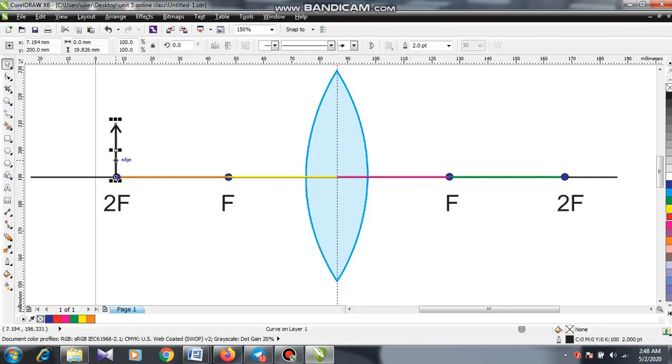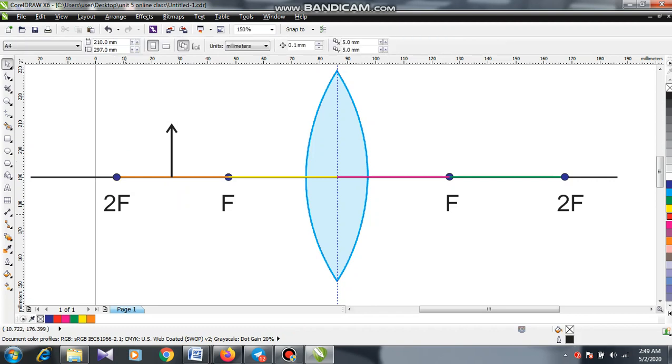I am bringing the object to another place here. Now what is the object distance? Greater than the focal length, less than twice of the focal length.